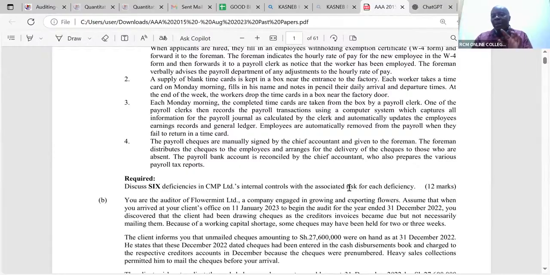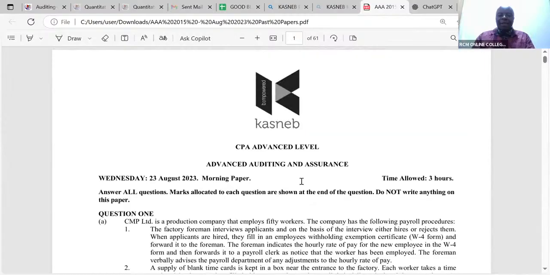So for you to get 2 marks per point, you must give a deficiency and you must give us the associated risk. Great. So already now the question is very well embedded in my brain.